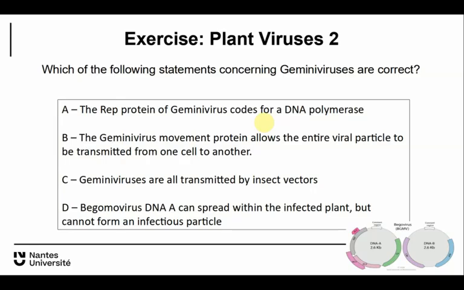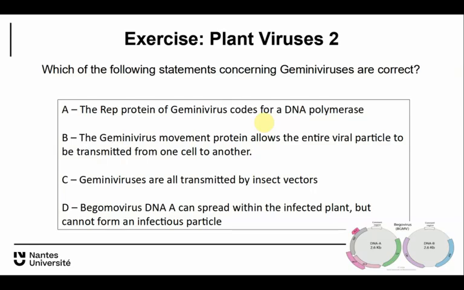Now, what was that similar to in DNA viruses in animals? Small DNA viruses with a circular genome. Small double-stranded DNA viruses that infect mammals, some infect primates and humans.